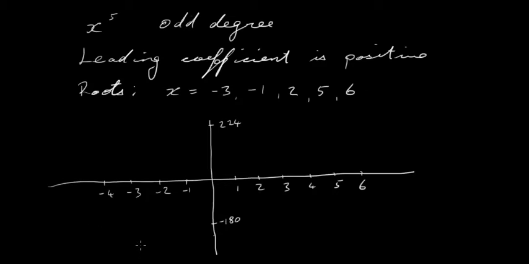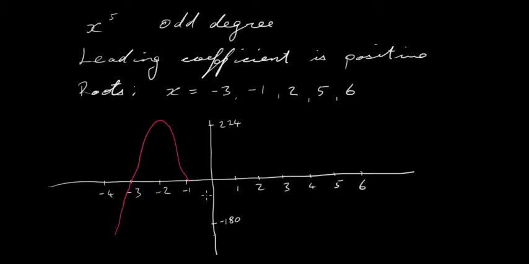It's going to go through minus 3 and then back down through minus 1. So it's going to go something like this, and it's going to go up as far as 224, somewhere around here. So we're going to go up this way, it's going to turn around, and it's going to come back down through minus 1.